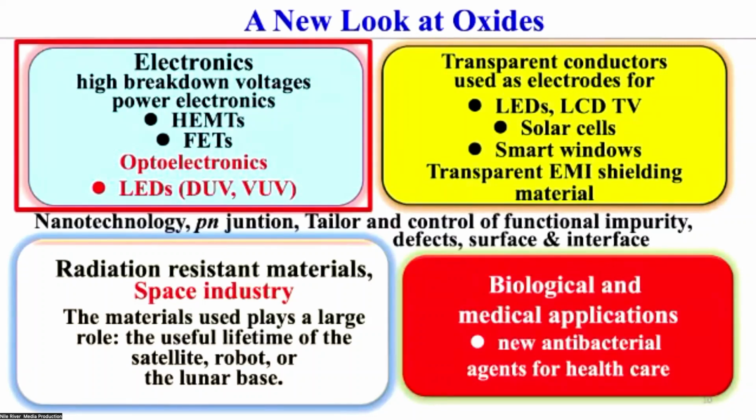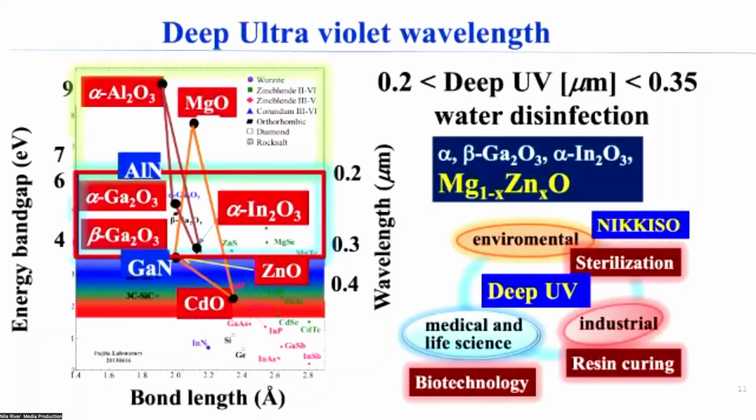And I'd like to move on to optoelectronics. Concerning the ultraviolet wavelengths, the first is the deep ultraviolet wavelengths ranging from 0.2 to 0.35 micrometer. Applications include water disinfection, sterilization, resin curing, and biotechnology.